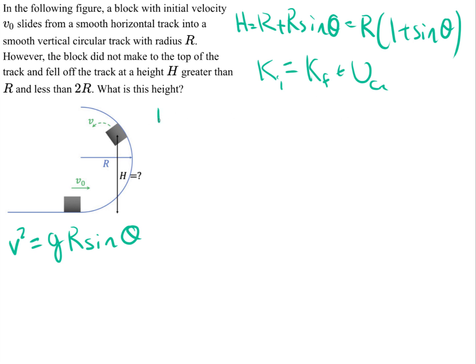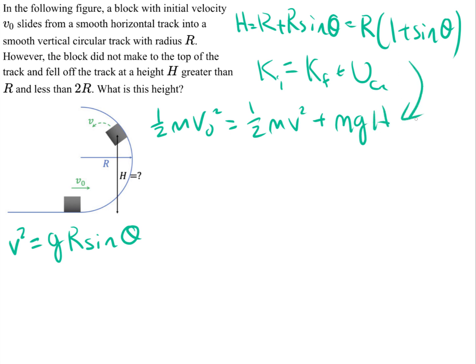So from this, you can say that 1/2 m v naught squared, where v naught is the initial velocity, must be equal to 1/2 m v squared, where v is the final velocity, plus the gravitational potential energy, which is mgh. And we can actually substitute this in for h, and the masses cancel as well.